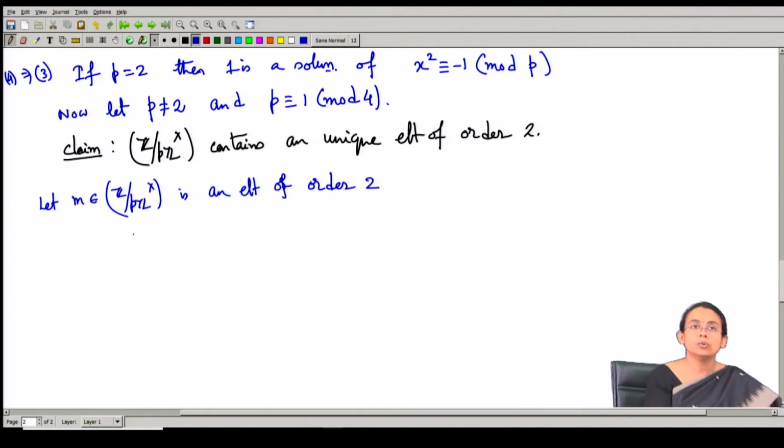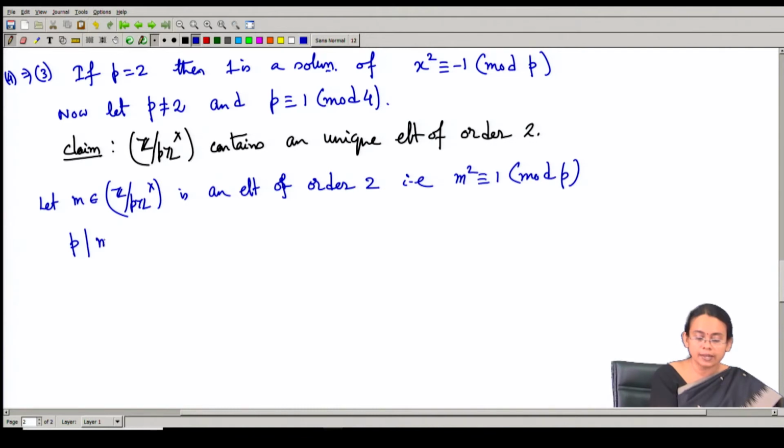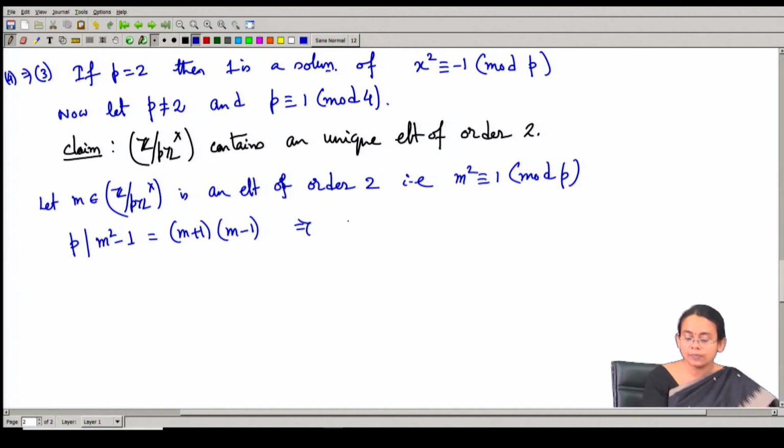That means that M square is the identity, that is, M square is congruent to 1 mod P. So this implies that P divides M square minus 1, which I can further factorize as M minus 1 times M plus 1. So P divides (M plus 1)(M minus 1), and P is a prime integer. So this implies that either P divides M plus 1 or P divides M minus 1.